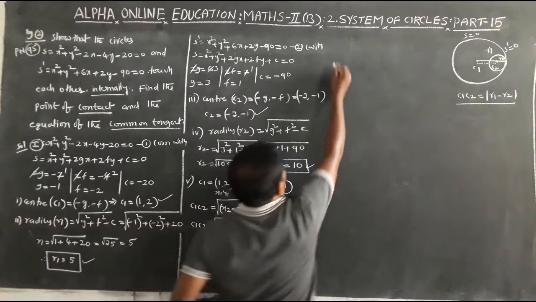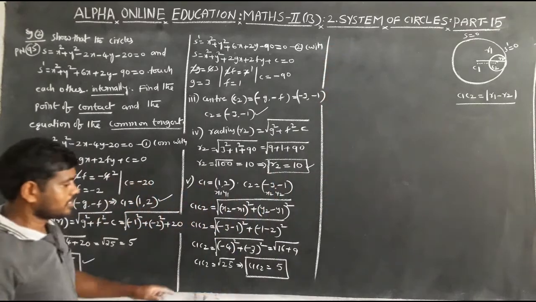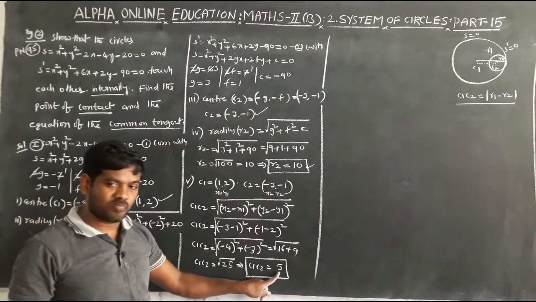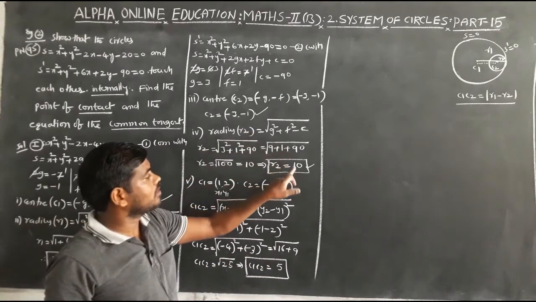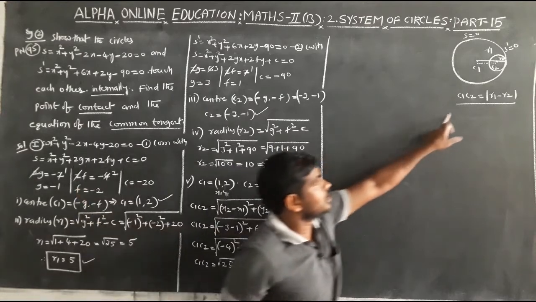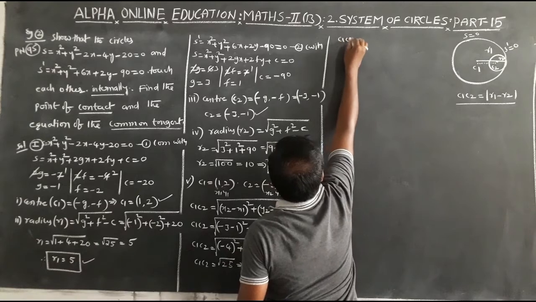Clearly observe here: C1C2 is equal to 5, R1 is equal to 5, R2 is equal to 10. Here C1C2 is equal to the modulus of R1 minus R2.